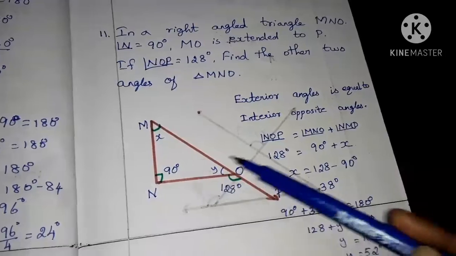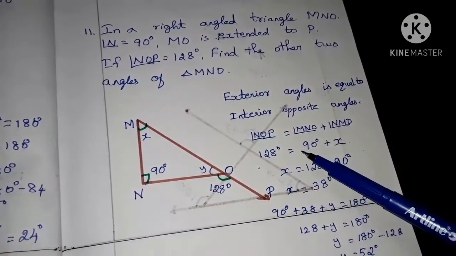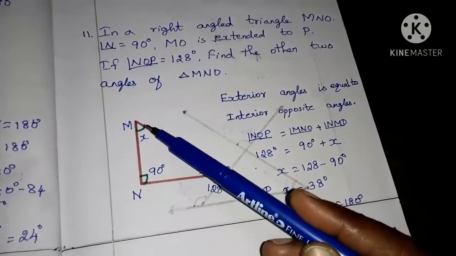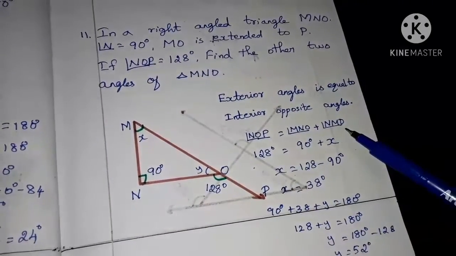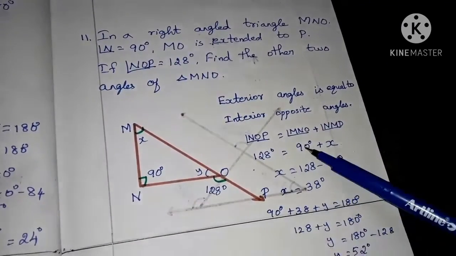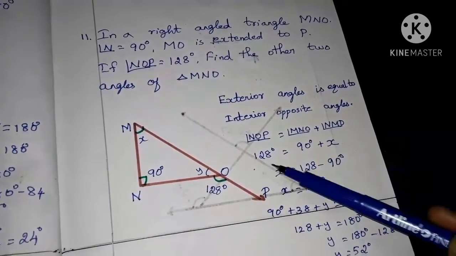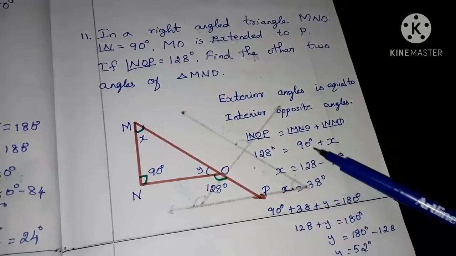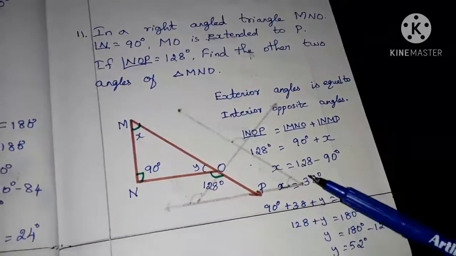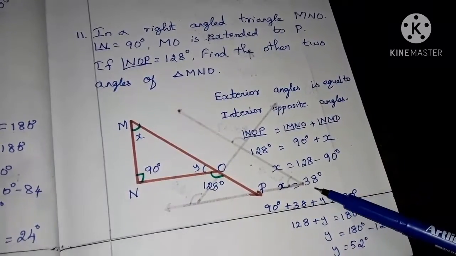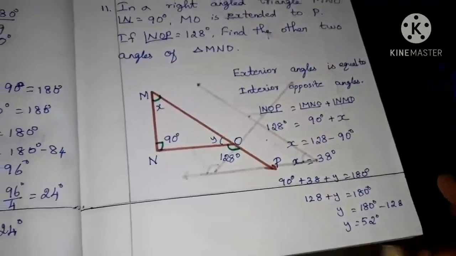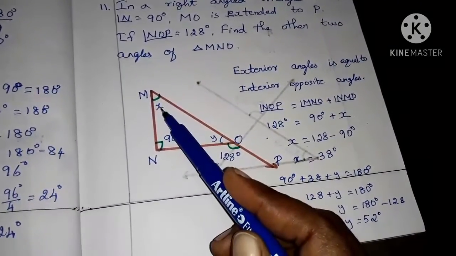So 128 degrees is equal to MNO plus NMO, so 128 equals 90 plus x. We have to find x. 90 comes to this side, minus 90. So x is equal to 38. 128 minus 90 is 38. So we found the first angle is 38.